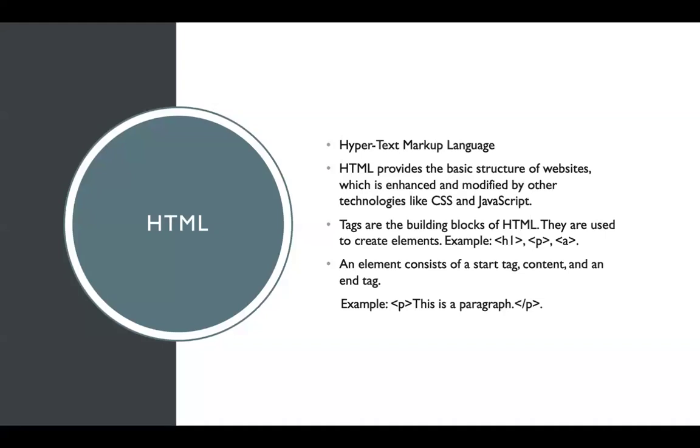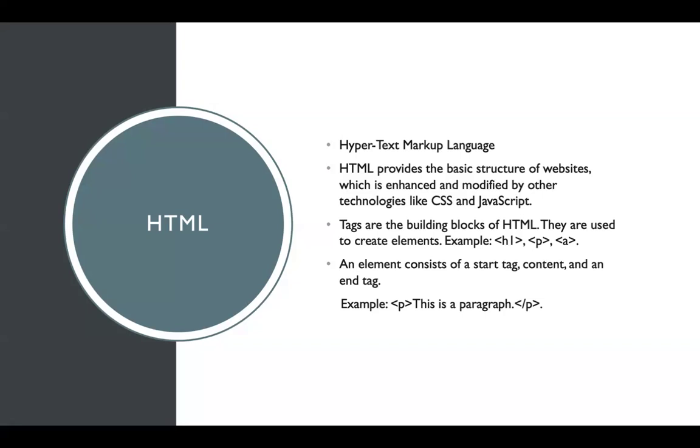Now we're just going to look at a couple of things about HTML that you need to know. HTML stands for Hypertext Markup Language. As I said before, it's just the basic structure of your website, and then you can modify that structure with CSS and JavaScript. There are tags, think of them as building blocks, tags of HTML.